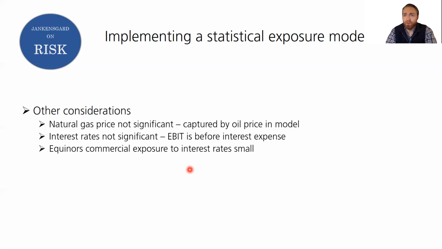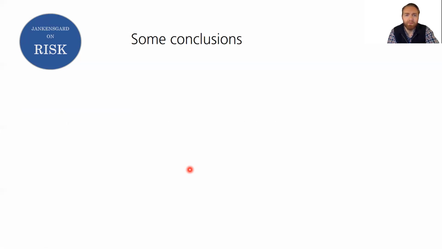So the cost of that credit will be lower when the interest rate goes down, and that has a beneficial impact on demand. So there can be such commercial effects from variables like interest rates, but not so for this company because it's crowded out by the oil price and the exchange rate because they're so dominant in explaining performance.